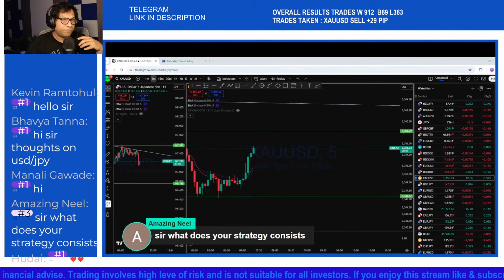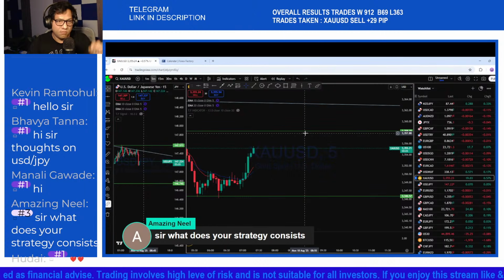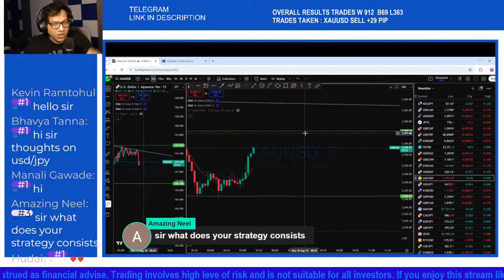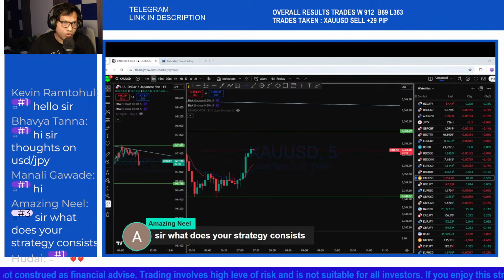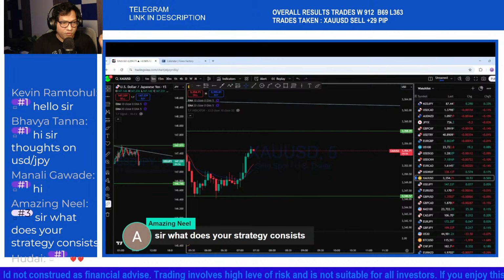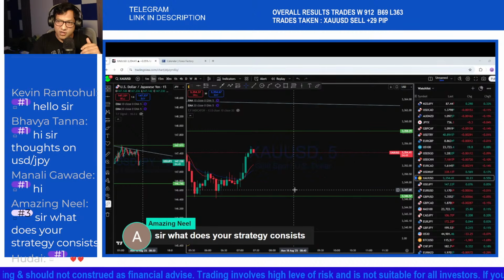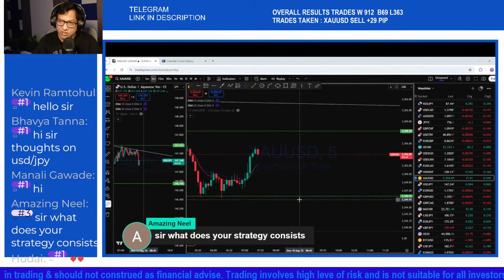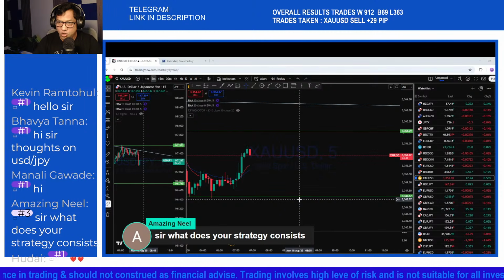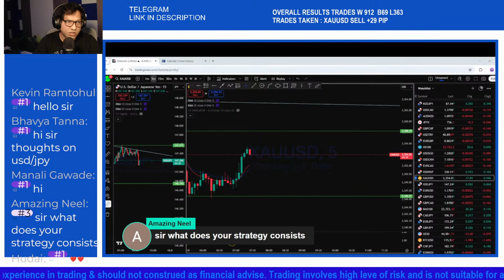Because if you are using any strategy, there are some components that must be in a winning strategy, right? And if you are not trading based on a strategy, probably you are not trading at all. So if you are trading, then most likely you should have some vital, important components in your strategy to show that you are in fact using a strategy that really works.